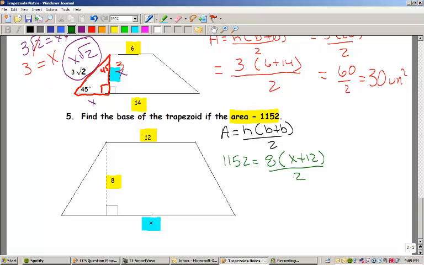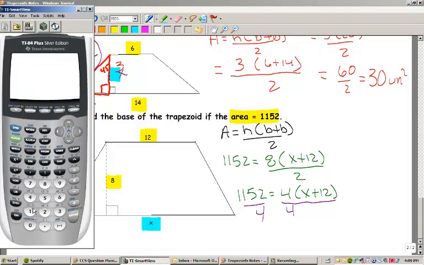So now what can I do? The 8 and the 2 reduce down. So I get 1152 is equal to 4 times x plus 12. Now what I want to do is divide both sides by the 4 to isolate this parentheses. So I take my calculator, and 1152 divided by 4, see what that turns out to be?